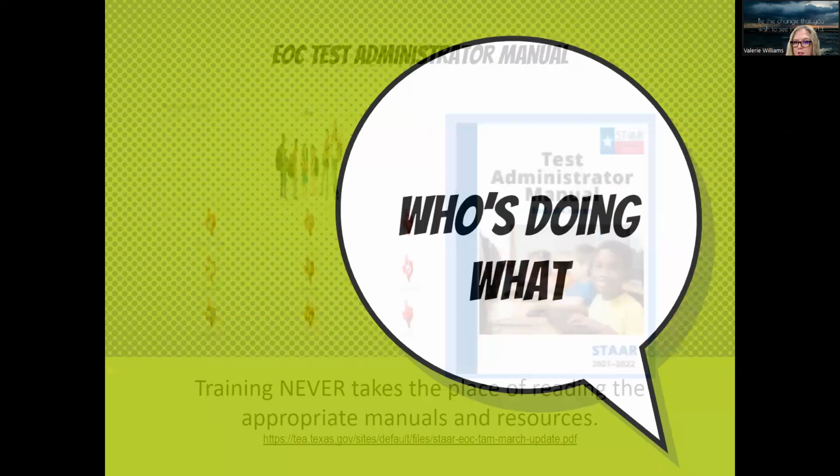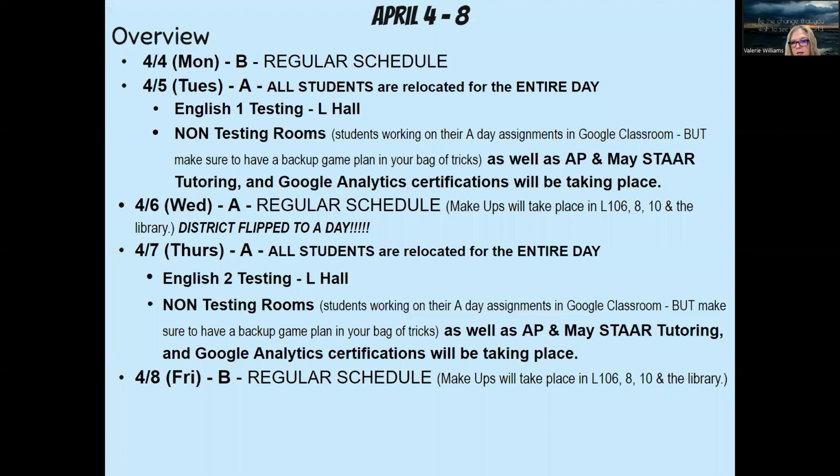Let's just get into it. Who's doing what? The overview of the week looks like this. We start out and we end with a B day. The 3 days in the middle are A days. Although Tuesday and Thursday, the A day is really just a placeholder on the calendar because we are completely relocated for the entire day. If you're in a testing room, we'll be doing English 1 or English 2, respectively, as indicated.